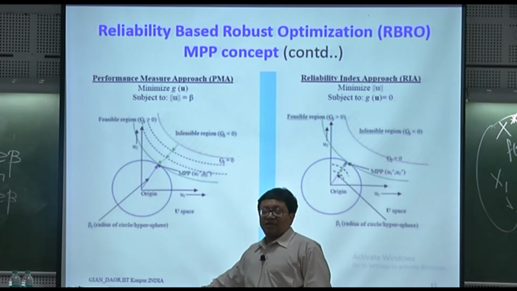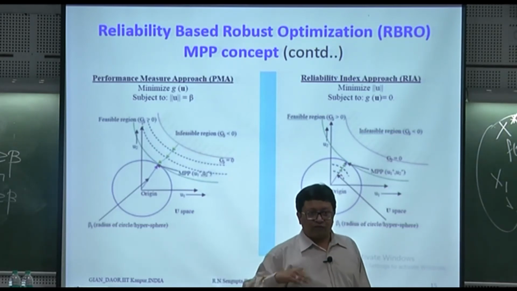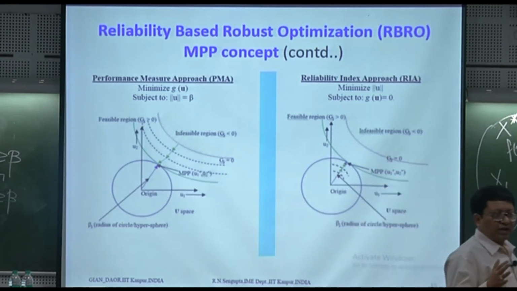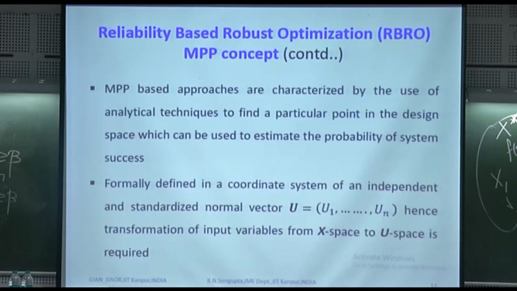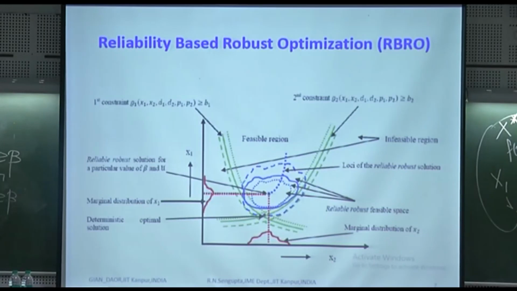Now as you are converting x to u and back and forth, you are trying to move the boundary. The question is, what is the boundary? I will go back to this diagram. The green line which you see is the deterministic one. You start shifting it inside the feasible space. How does it shift?